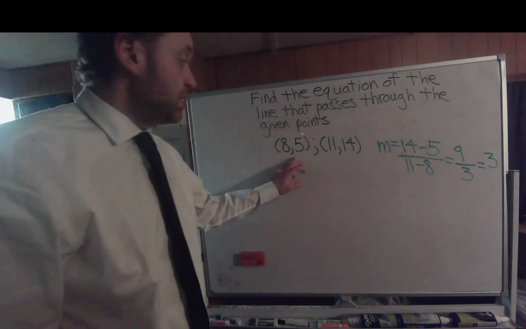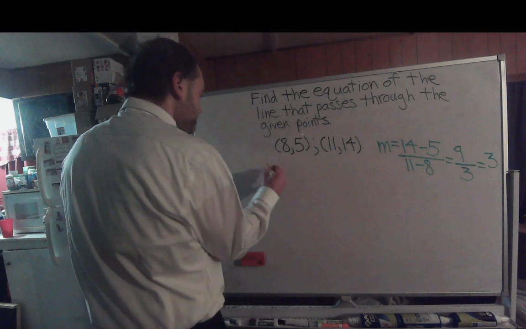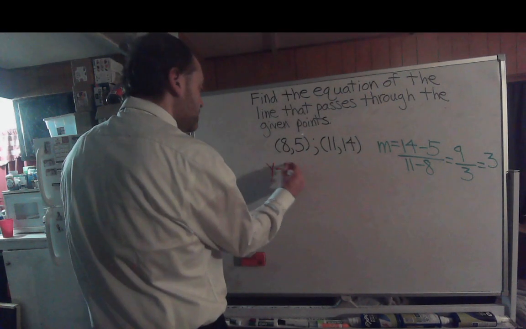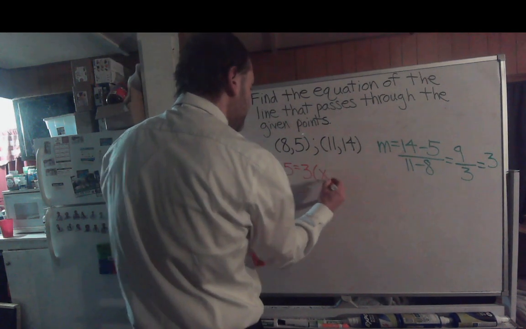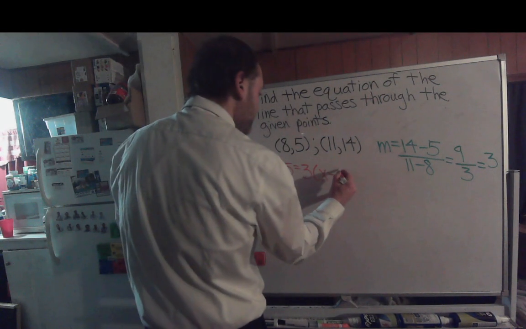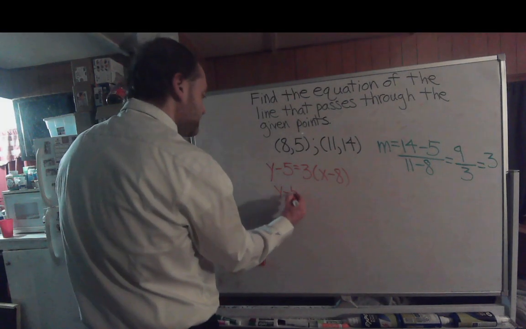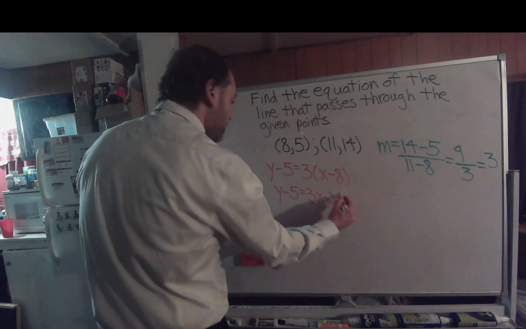I'm going to go with 8, 5 because those are smaller numbers to work with. So y minus my y-coordinate of 5 would equal my slope of 3 times the quantity of x minus my x-coordinate of 8, which would give me y minus 5 equals 3x minus 24.